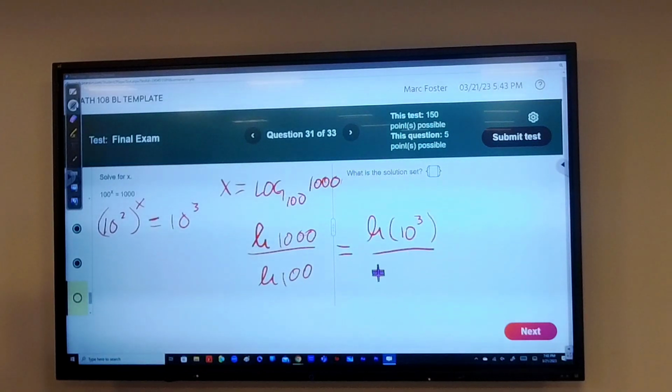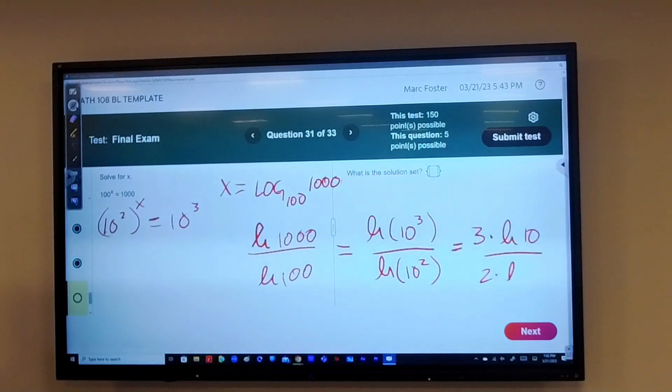And the natural log of 100 is the natural log of 10 squared. Well, those are exponents, so they can come down out front. You'd have 3 times the natural log of 10 over 2 times the natural log of 10. The natural log of 10 cancels. Either way, you're getting 3 halves.